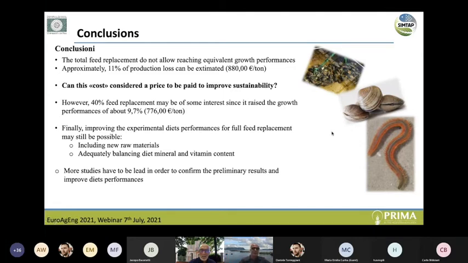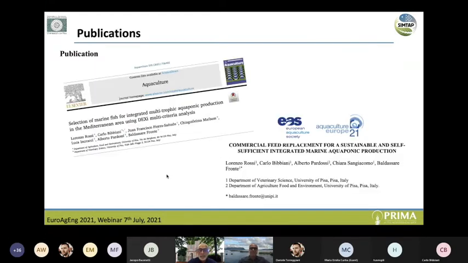At the same time, we can also think to add some minerals or vitamins that may be lacking in this kind of experimental diet. So this is something to work on for the future. This is what we can start to do when we will be working with the CBAS in the next trials that are coming in the next days.